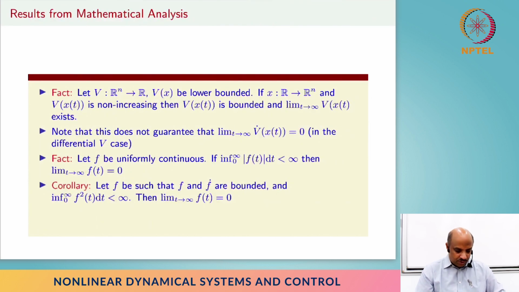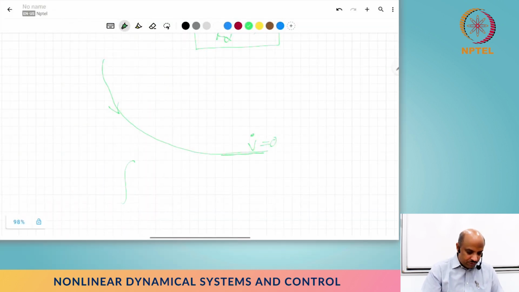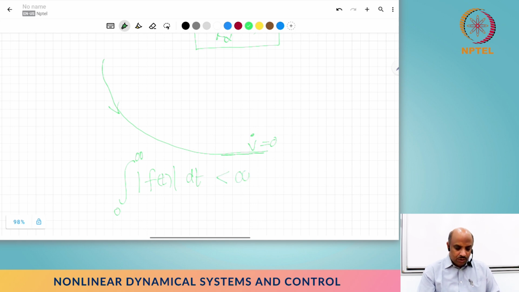So perhaps what we are saying is, if the integral from 0 to infinity of the absolute value of f dt is less than infinity, then f of t goes to 0 as t tends to infinity. And suppose this did not go to 0, let's say it limits to some number m.